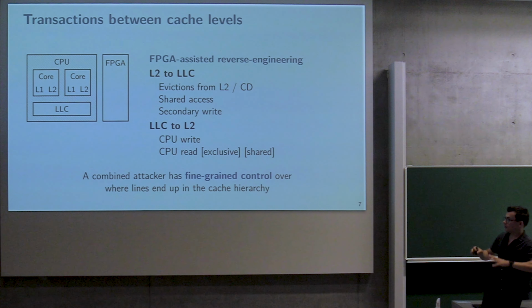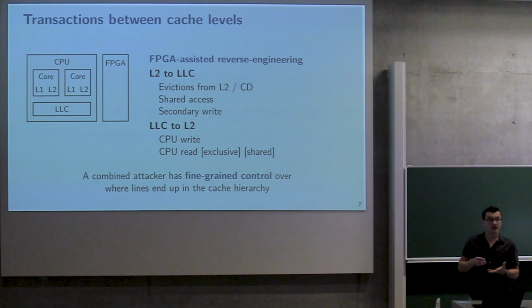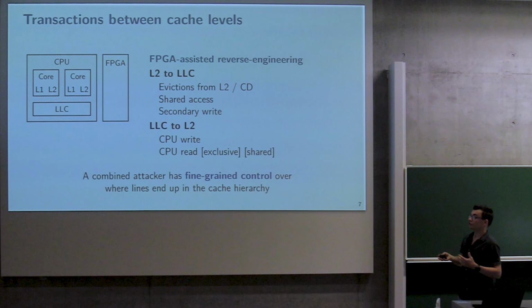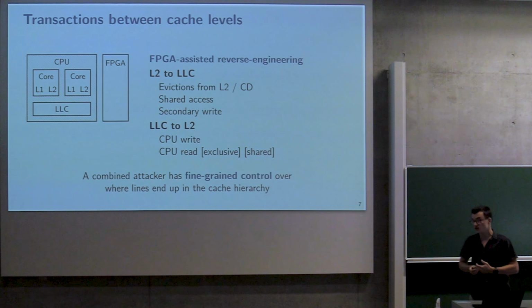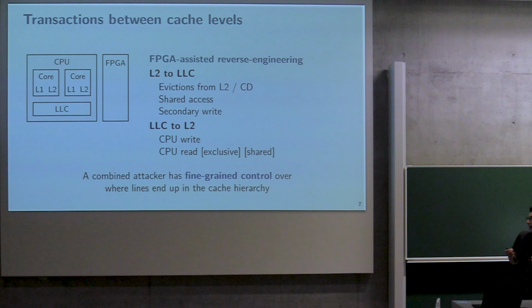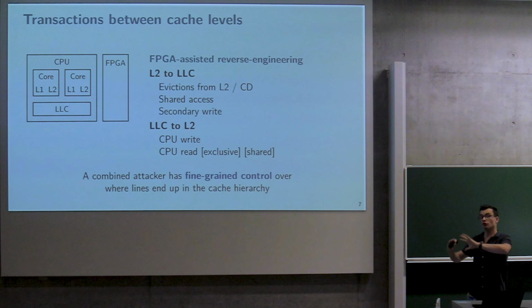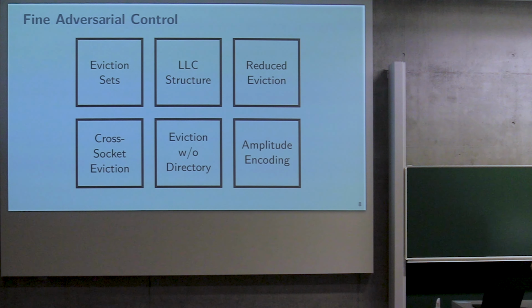But all in all, summing all of this together, an attacker has very fine-grained control over where lines end up in the cache hierarchy. But on the other hand, the attacker is also very limited in some of those interactions. And we're going to use the fine-grained control as an advantage, but we're actually also going to turn these restrictions around into advantages. And we'll see how to do that.